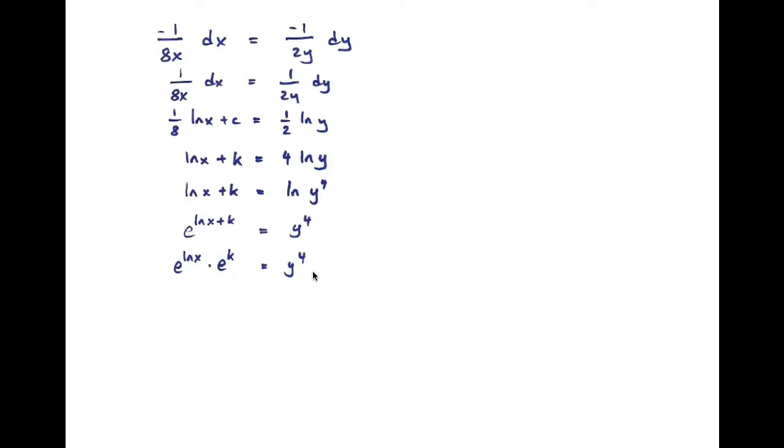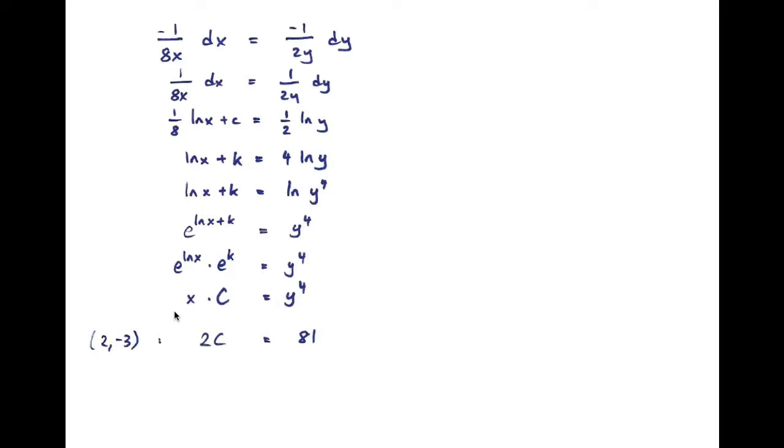Here again, I can rewrite e to the k as a new constant c. It's something you can do, or you don't have to, but it can make the equation a little bit easier to read.